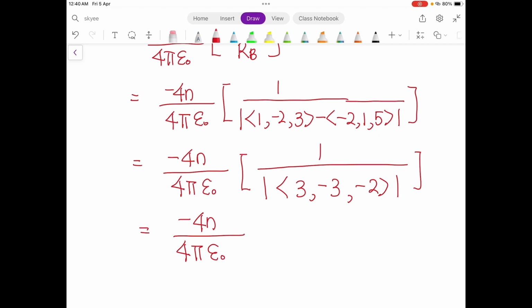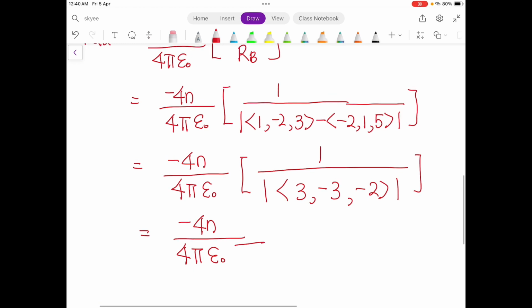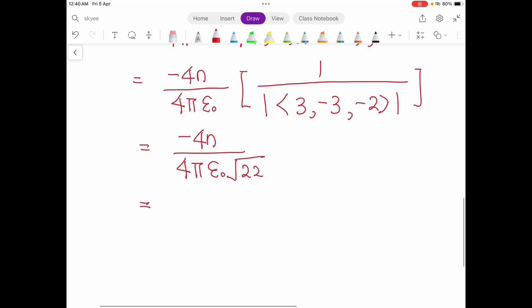So you have 9 plus 9 plus 4, so square root 22. Correct? Okay, so you put together: -7.66.